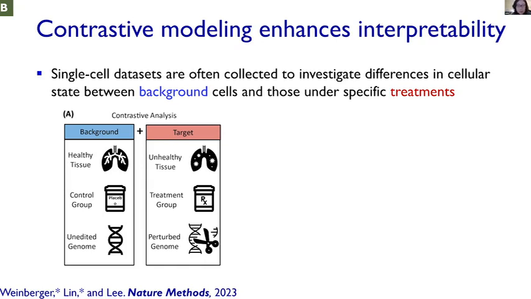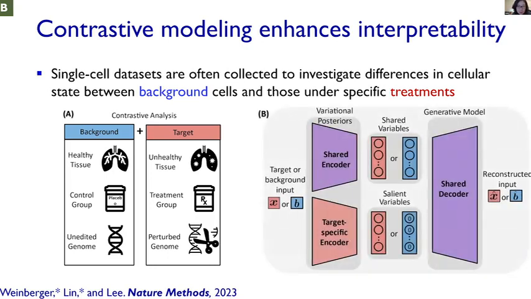So to better understand the difference in treatment response, it would be great to disentangle the latent space and capture the variations uniquely enriched in these treated cells from those shared with controls.